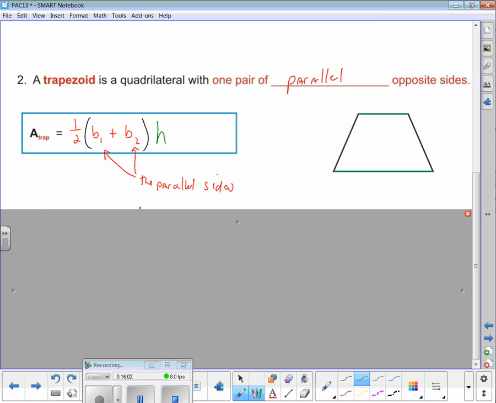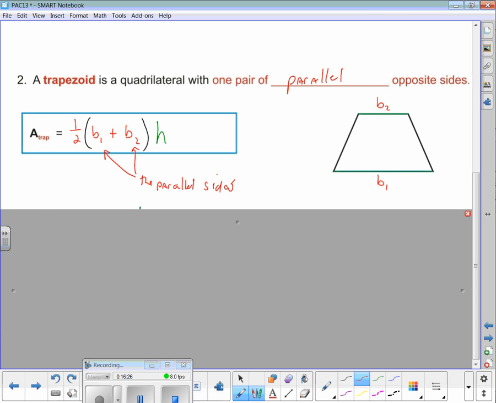The bases are always the parallel sides. Always. So if you go to the trapezoid on the right, I'm going to go on the bottom and call it b of 1, base side 1, and go opposite it to the other parallel side and call it b of 2, base 2.